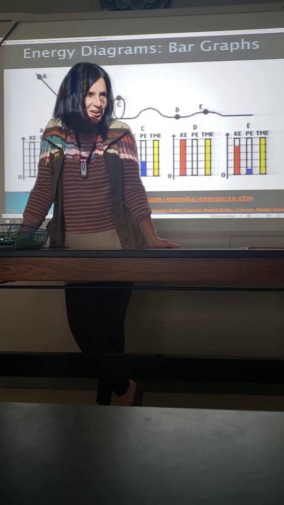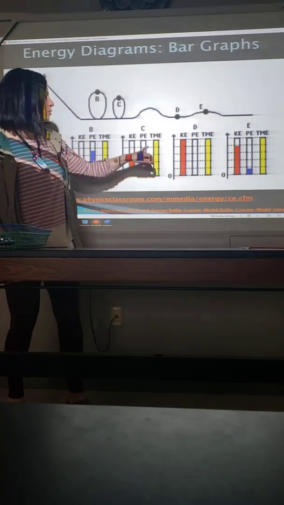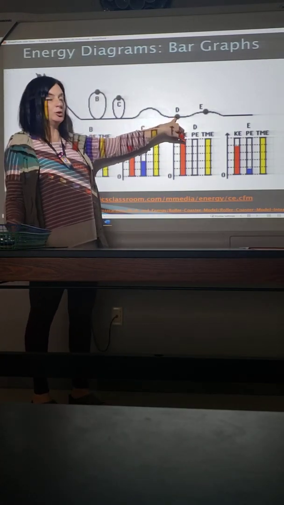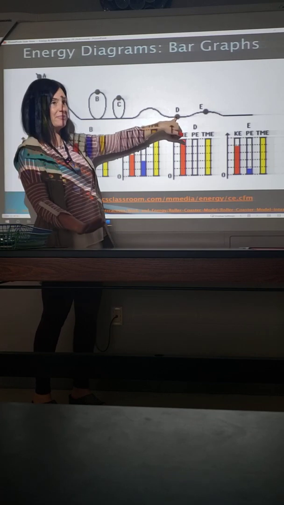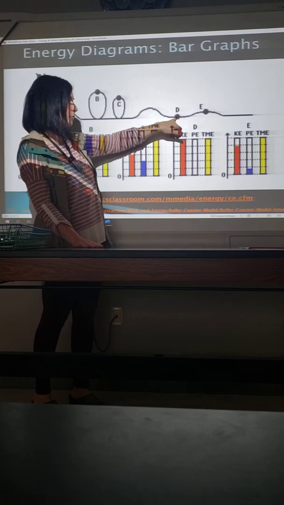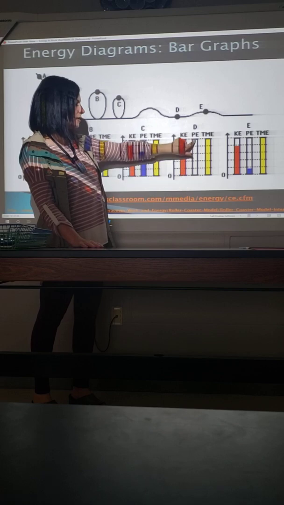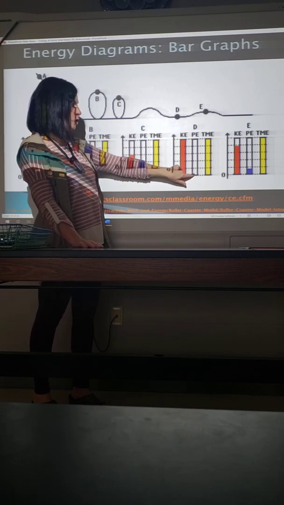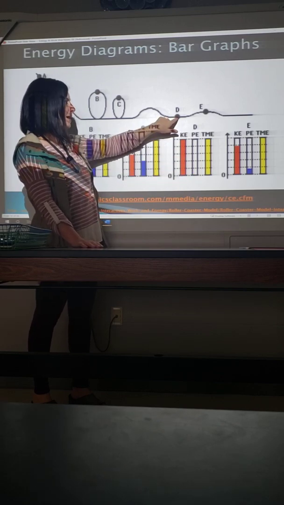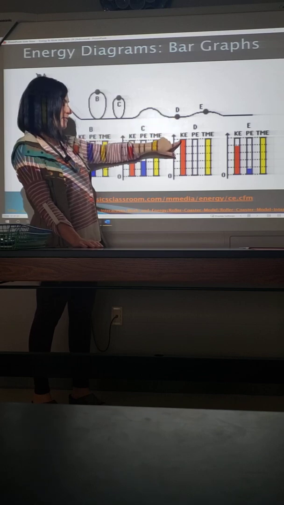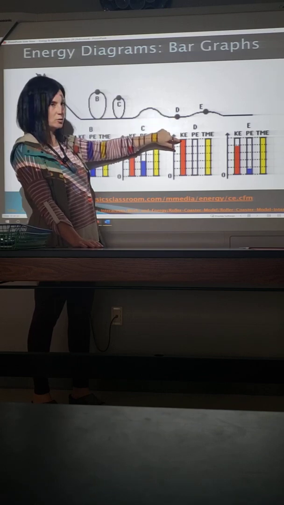Well, 0, right? So at position D, you have absolutely no potential energy. You're at the reference point or the ground or whatever that is. So if you look here, there's absolutely no potential energy. And so that means it has all kinetic at that point. And so that's why this bar is totally filled up.